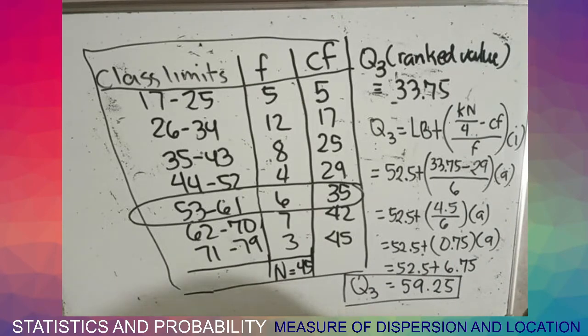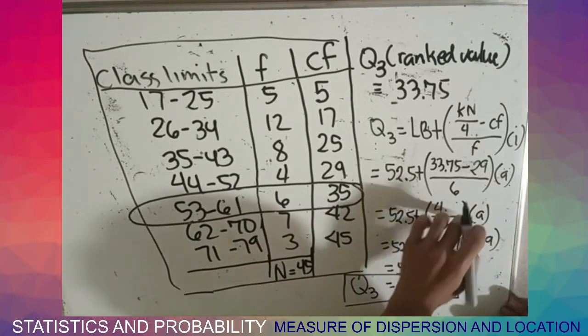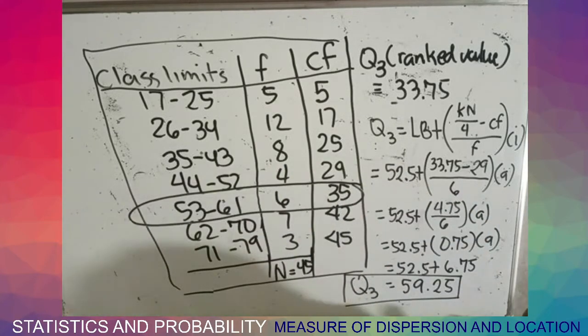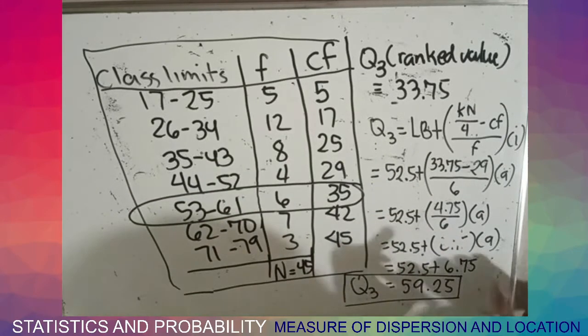33.75 minus 29. Wait lang, check natin ulit. Baka mali ako. Sorry, nagkamali ako. 33.75 minus 29, okay, it is 4.75 pala. Ibig sabihin nito, mababago to.